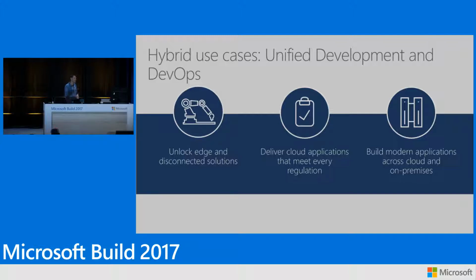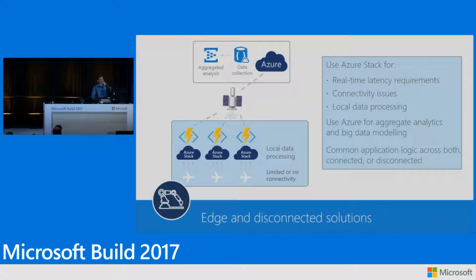So let me walk through some of those hybrid use cases that are resonating very, very well with our customers. The edge and disconnected solutions, again, this was showcased on the keynote Wednesday.